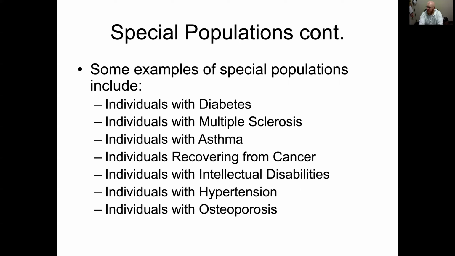I have a lot of experience personally. I worked at the NMRC, the regional center here in town, for 19 and a half years. So I've worked with individuals with intellectual disabilities quite a bit, so we may talk a good bit about that just because it's a lot of my background. Individuals with hypertension, people with osteoporosis, and that's kind of the groups that we're going to talk about, guys.